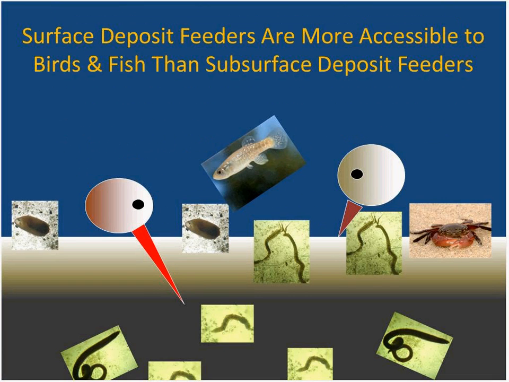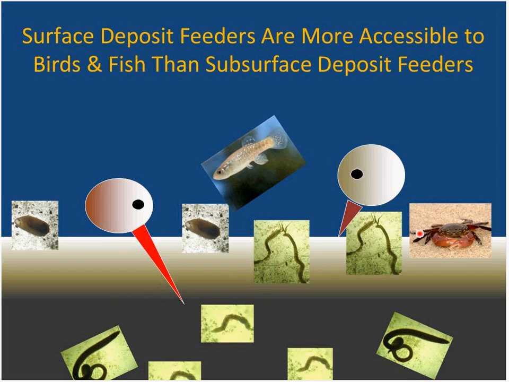So I'm going to be discussing some results that compare a little bit between surface deposit feeders and subsurface deposit feeders. And I want to begin by saying, there's a striking difference between these two groups because surface deposit feeders tend to live either right at the surface of the sediment, say epibenthic, or at the sediment-water interface.